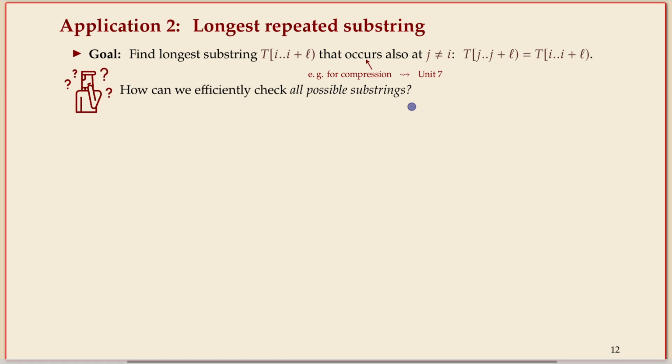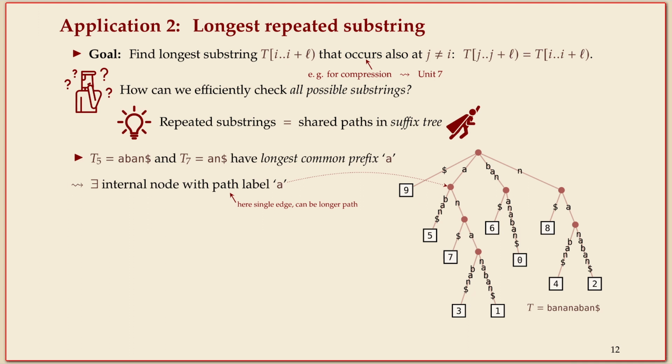How can we do this? We definitely don't want to check all substrings of the text and check if they occur. That would be really slow. Now, again, suffix trees to the rescue. If we have something shared, some string that occurs twice, picture. So if there was an occurrence of something here and here, I'll call this P, but it really just is a substring of the text that occurs in two positions.